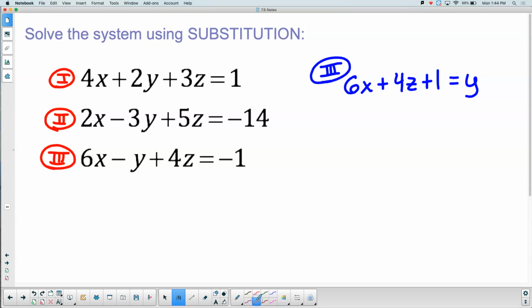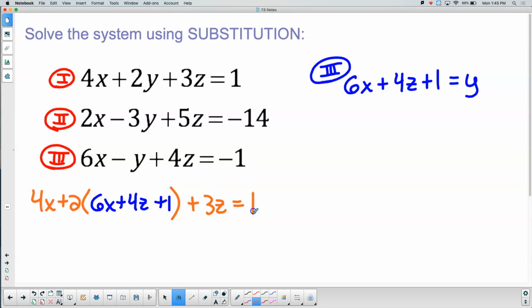Plugging that back in then to equation number 1, 4x plus 2 times that gets me 6x plus 4z plus 1, then plus 3z equals 1.